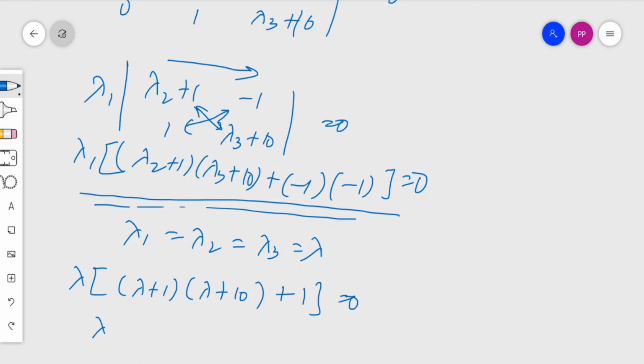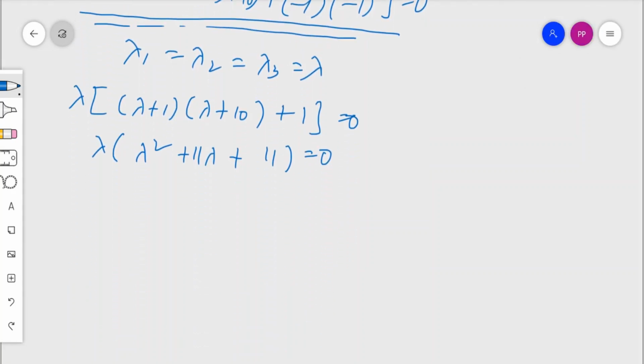It means we have lambda into lambda square plus 11 lambda plus 10, plus 1, which is 11, equal to 0. If you solve it, you can find the different values of lambda, and with those values of lambda we can find the eigenvalues of the system.